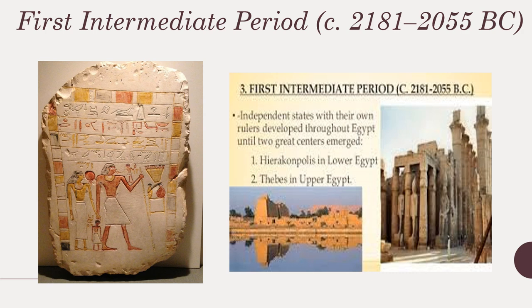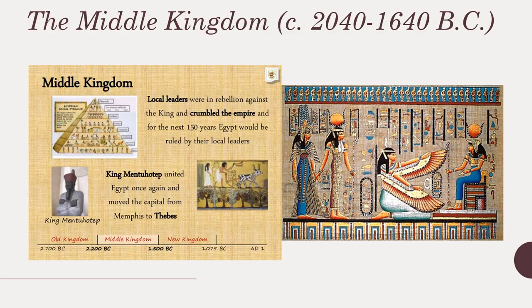So, with that said, it won't surprise you to know that the pharaohs make a comeback and usher in the Middle Kingdom. And here you see a number of famous pharaohs there, but after a 150-year hiatus, that first intermediate period was about 150 years, you do see centralization take control again.